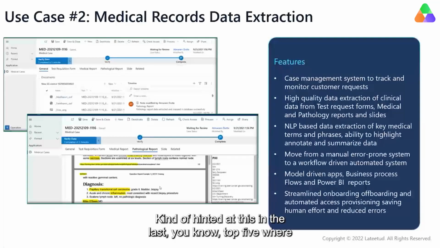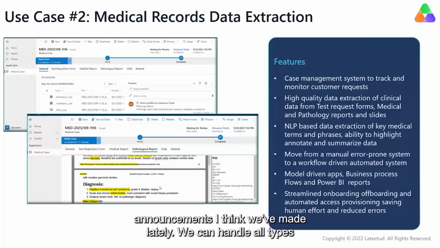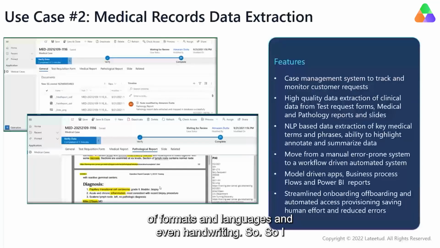Juan, you kind of hinted at this in the last top 5, where you showed the very grainy looking document, and a lot of announcements I think we've made lately. We can handle all types of formats and languages and even handwriting. So I think there aren't any limits in that category.